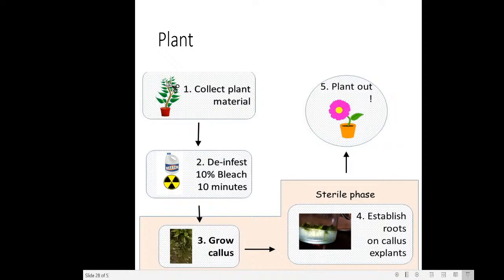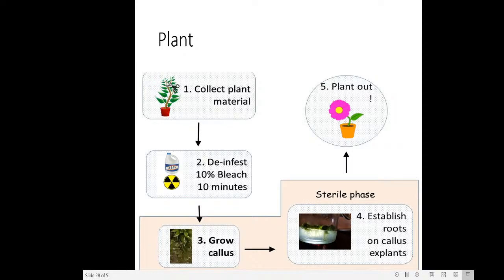In plant tissue culture, we have steps. First, we collect the plant and add disinfectant to remove extra tissue and dust on the plant, and to remove microbes. Then grow the callus.